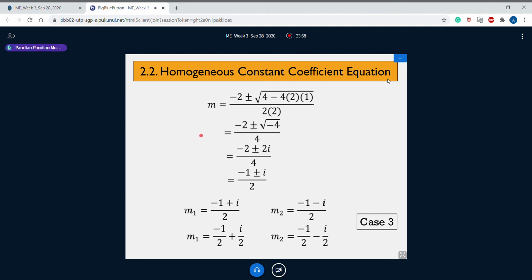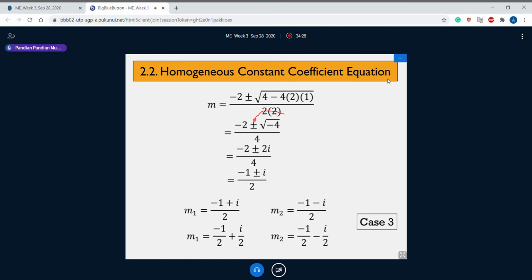You substitute: m = (-2 ± √(2² - 4·2·1)) / (2·2), where b is 2, a is 2, c is 1. So m = (-2 ± √(4 - 8)) / 4 = (-2 ± √(-4)) / 4.